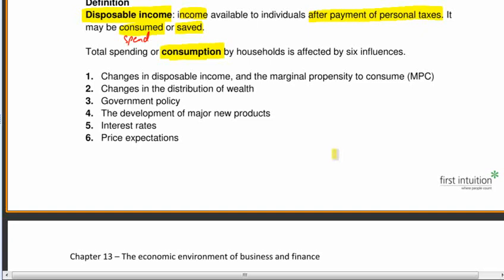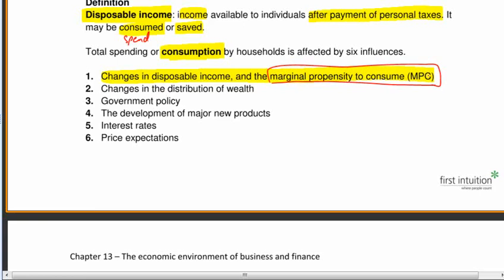Well, first of all, it's affected by the level of disposable income which we have. So the more disposable income, presumably the more we spend, the more consumption is undertaken. But it's also affected by this thing here called the marginal propensity to consume, MPC. Now, what does this mean? Well, whenever you see the word marginal, it means one extra, doesn't it?